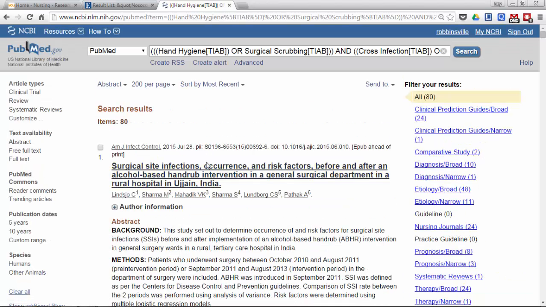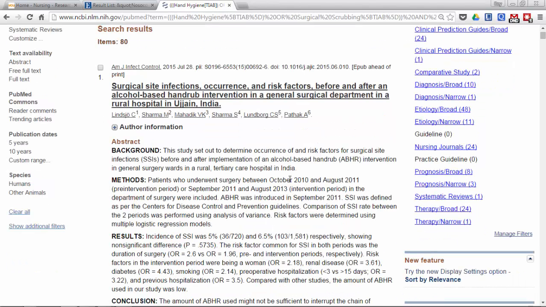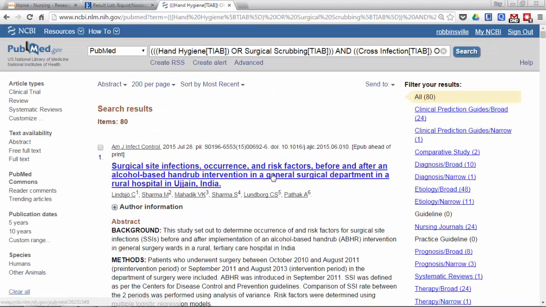In this case, I'm now down to 80 articles that all discuss this concept, even if it's being described in different ways.